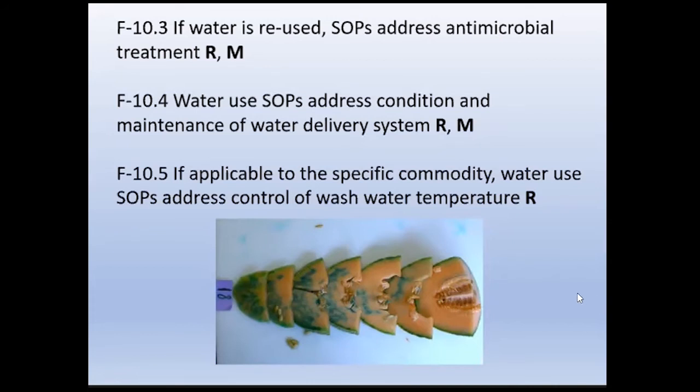So going on to F10.5, if applicable to the specific commodity, water use SOPs address control of wash water temperature. Now this is specific for a couple of commodities where we know that we can have hot cantaloupes come in off the field and go into a cold dunk tank. This image shows that when you have that situation, that you have potential infiltration through the skin of the cantaloupe.